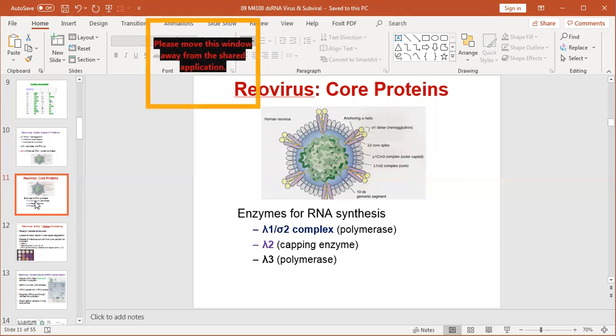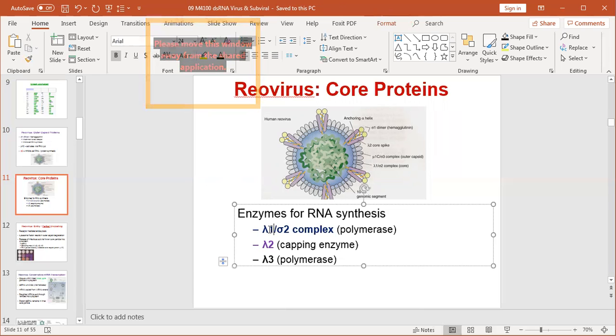Whereas reovirus core proteins are usually those enzymes that are required for RNA synthesis, as depicted in slide number 11.